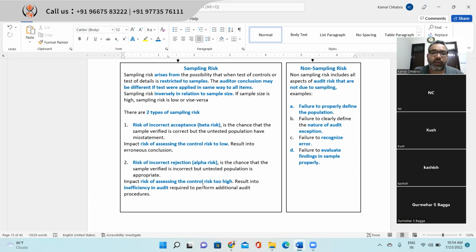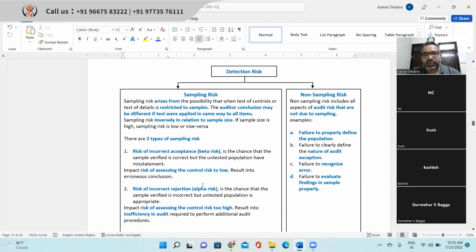So the impact is that you will be assessing the control risk as high. If you are assessing the control risk high, then you will be testing more samples and required to perform additional audit procedures as well. That makes your audit inefficient sometimes. Make sense? Sampling risk and non-sampling risk.